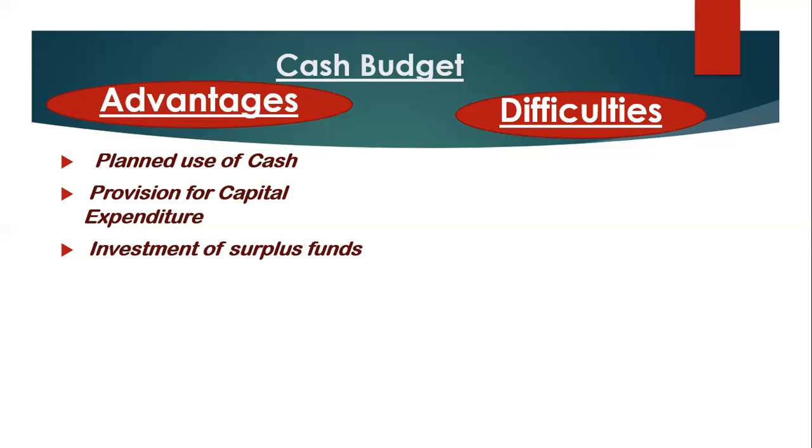So if we are making the cash budget, we come to know when we are having the surplus of funds and how much surplus of funds is there. So we can do the temporary investment, or we can decide the tenure according to the cash budget, for how many months we want to invest. This way, we can invest surplus funds.